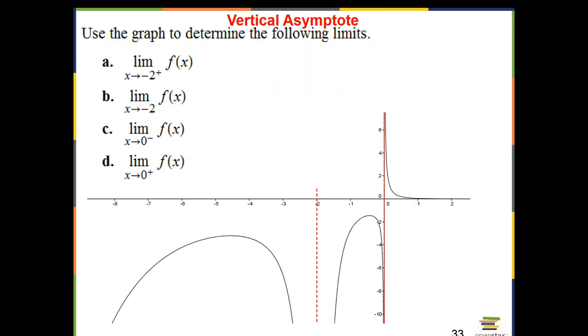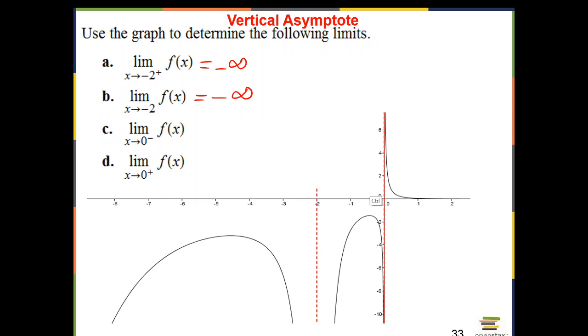Here is another example. Here is the graph. Again, you see the limit when x approaches negative 2 from the right is negative infinity. From the left is also negative infinity. So we can say this is negative infinity, this is negative infinity. And what about 0?